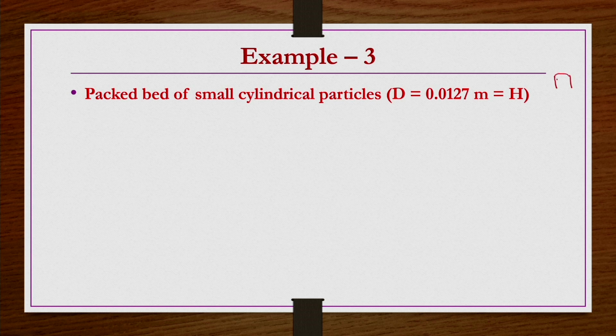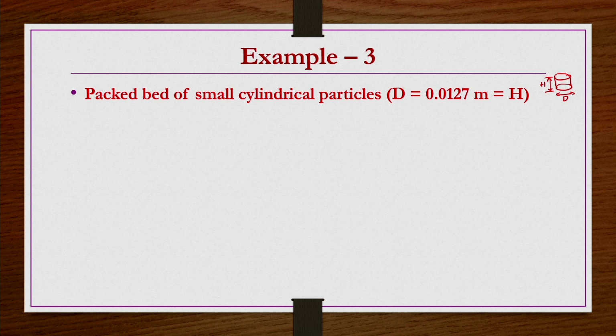If you take this one as a cylindrical particle, and this is the diameter of the short cylindrical particle, and this is the height of the short cylindrical particle, if h is equal to d, or they are very close to each other, then we can say those particles are short cylindrical particles, right.